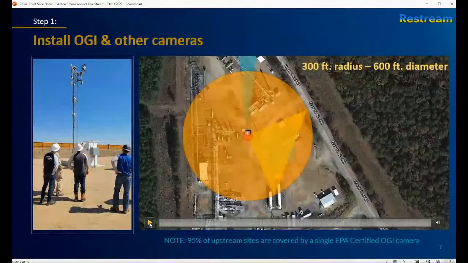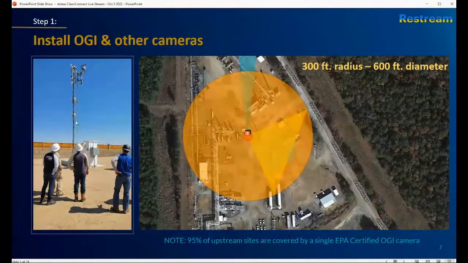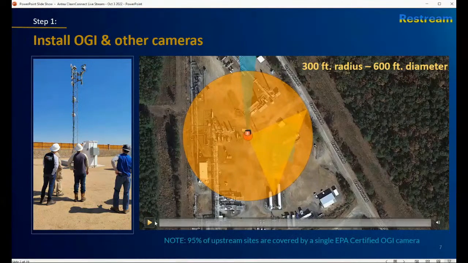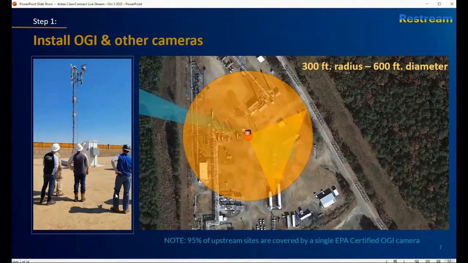Typically, we will put, you can see up here on site, an OGI camera, optical gas instrument camera, a thermal camera, and optical cameras, and we'll also place cameras strategically in other places. Typically, one OGI camera can cover an entire site.